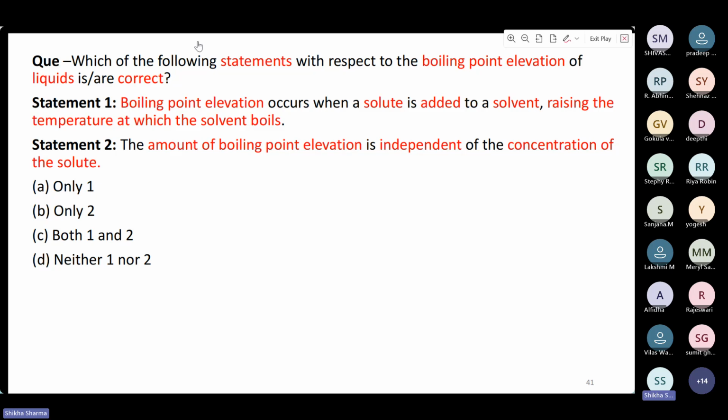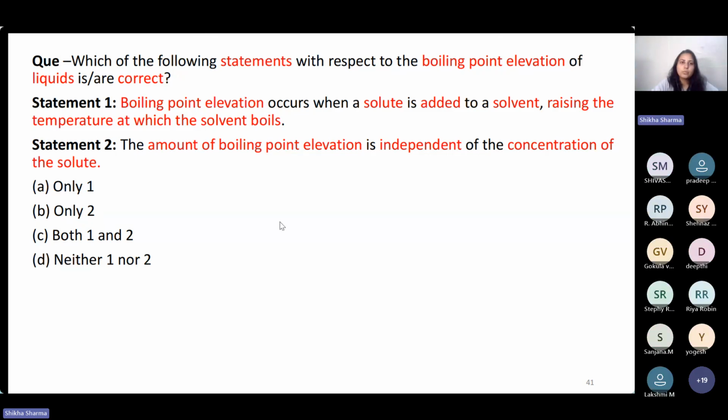Which of the following statements with respect to the boiling point elevation of liquid is or are correct? So for boiling point elevation, we know that we have the different colligative properties. We have four properties basically: elevation in boiling point, depression in freezing point, like that.